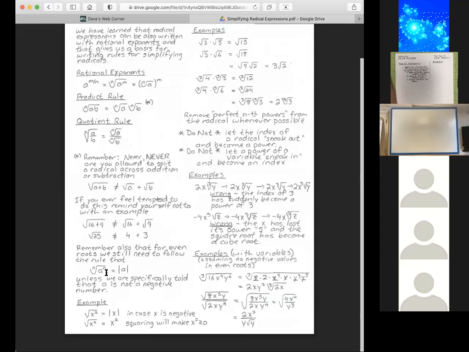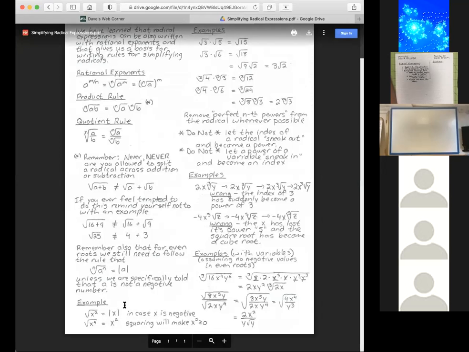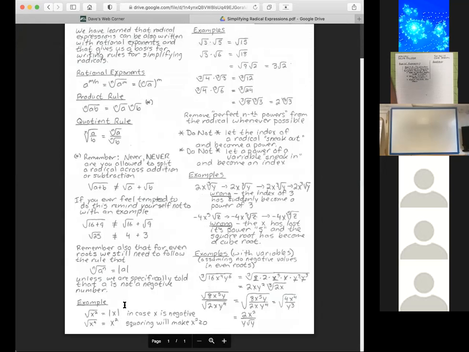You need to follow this special rule that unless you know a variable is not negative, when you take the nth root of the nth power, you have to protect that value with an absolute value sign. For example, the square root of x squared has to be the absolute value of x, unless you're told that x was not a negative number.